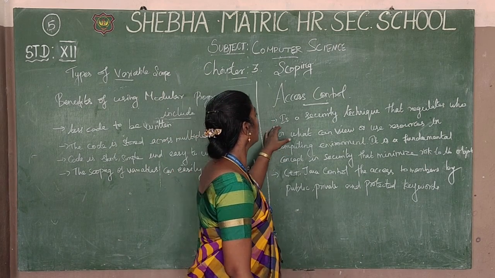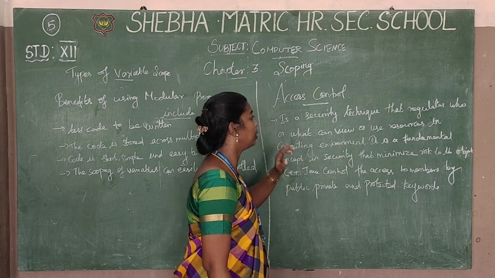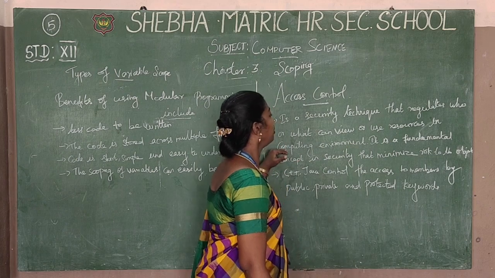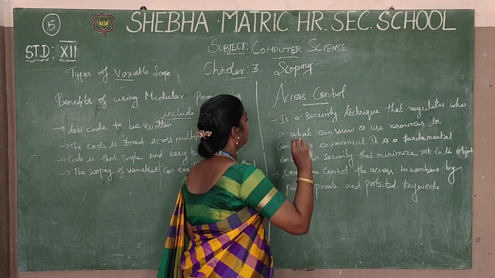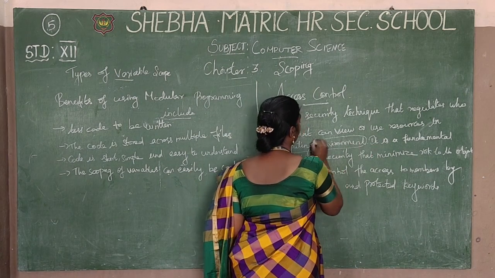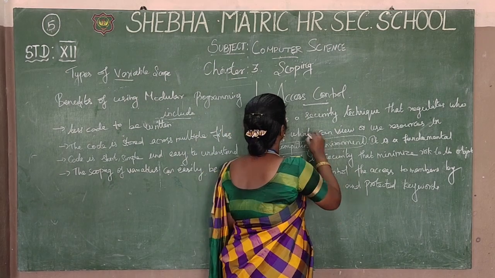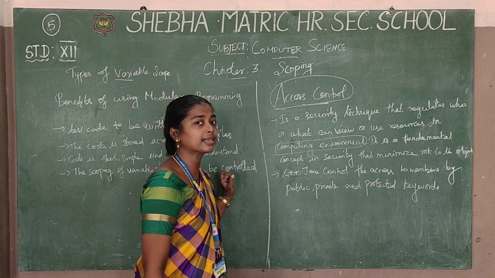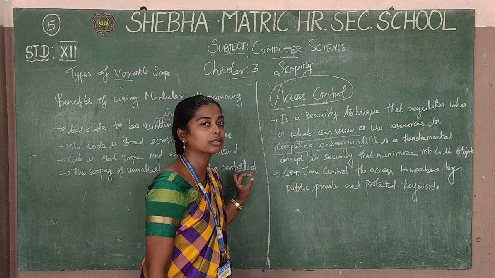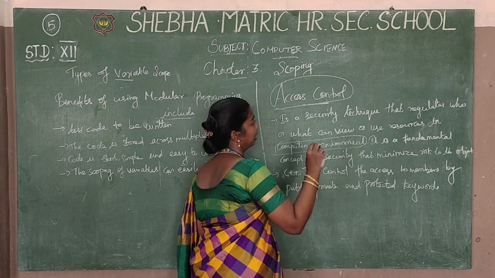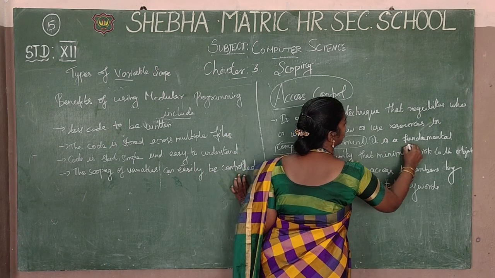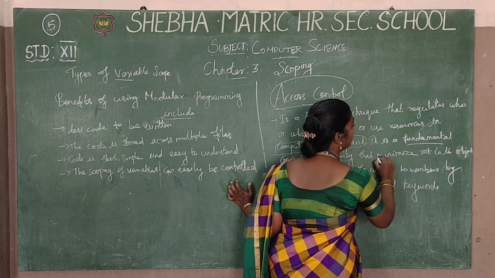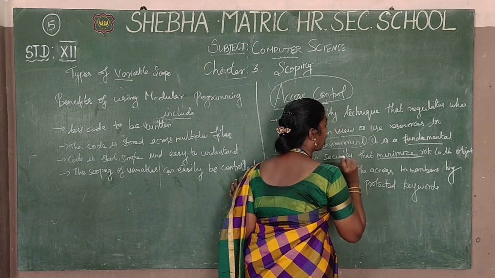Then the last topic is access control. Access control is a security technique that regulates who or what can view or use resources in a computing environment. Which access control? Public, private or protected. It is a fundamental concept in security that minimizes risk to the object.